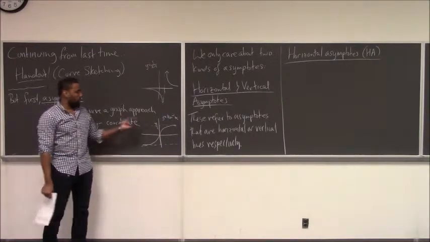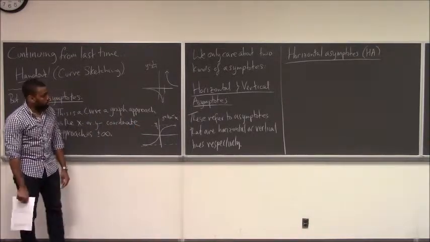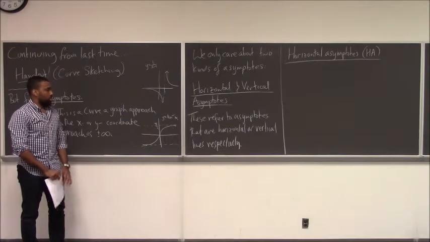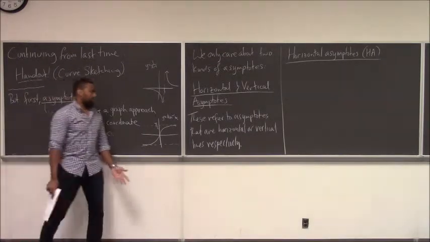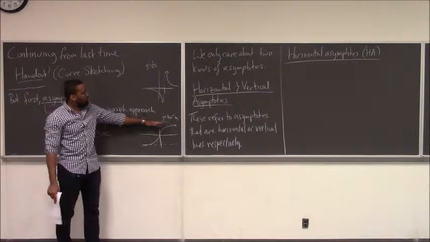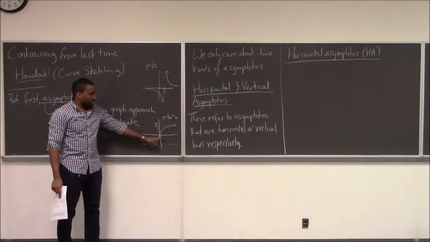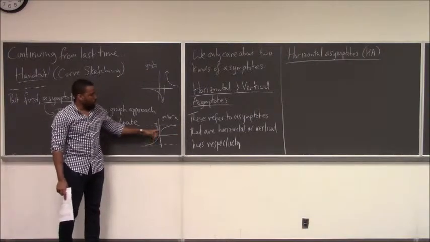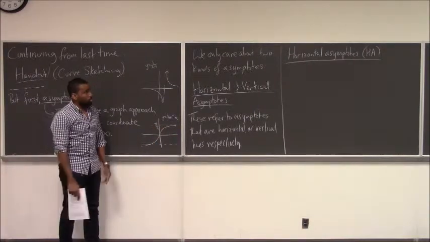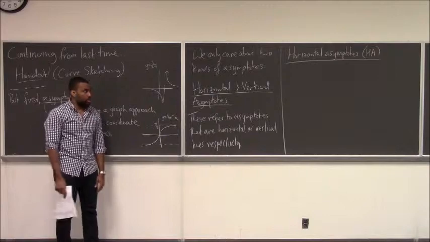A lot of times you want to figure out what that horizontal line is, and intuitively what they're asking is, as your x is approaching infinity, are your y values approaching something? So we can pretty much talk about this purely in the language of limits.